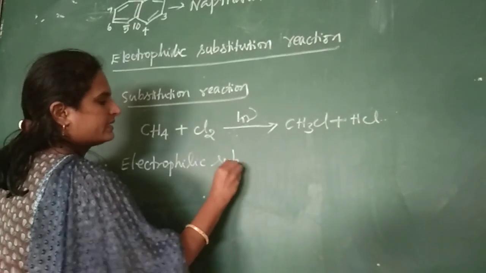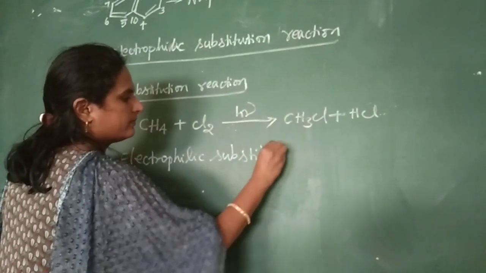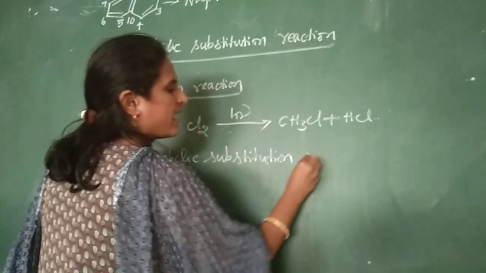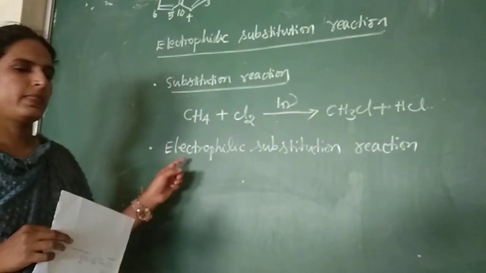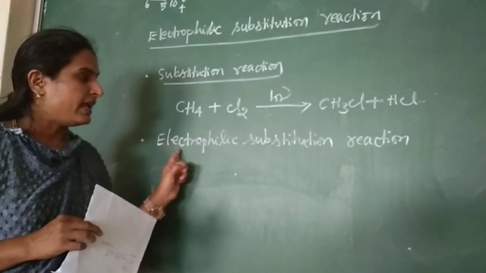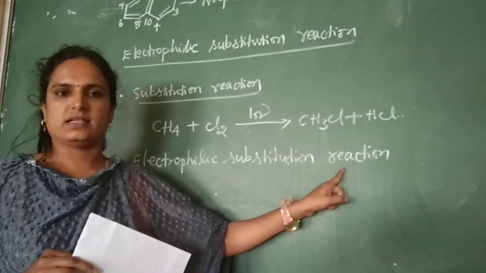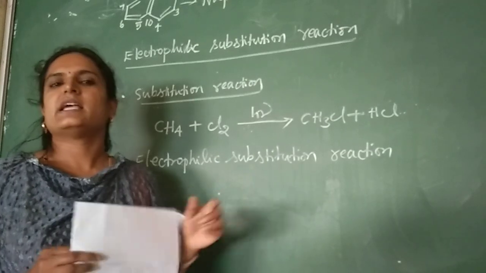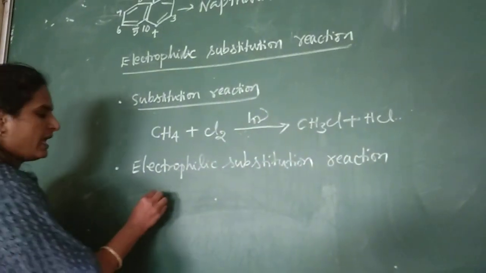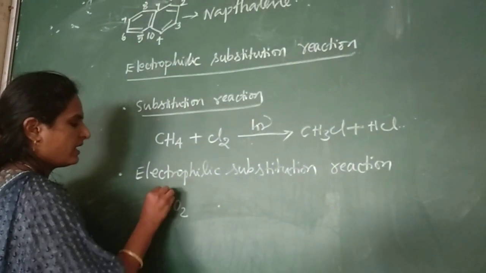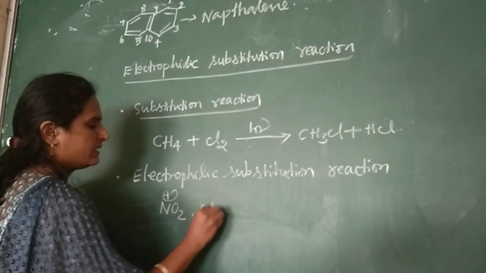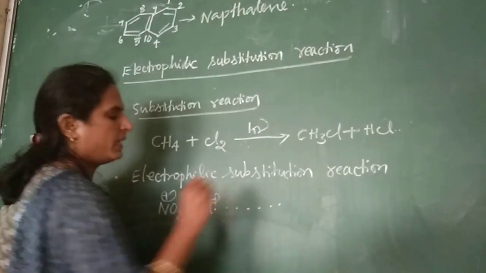Next, electrophilic substitution reaction. The electrophiles which cause the substitution reaction give an electrophilic substitution reaction. Examples of electrophiles are NO2 plus, Cl plus, sulfonium ion.